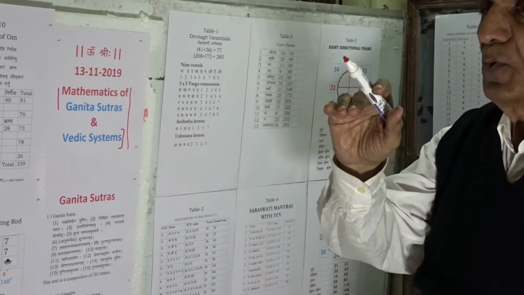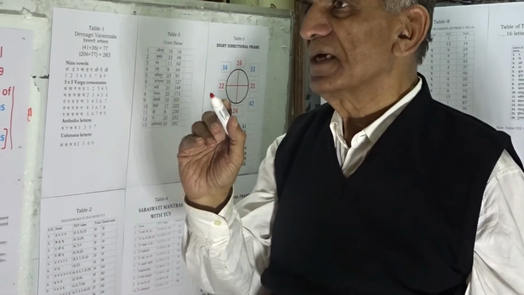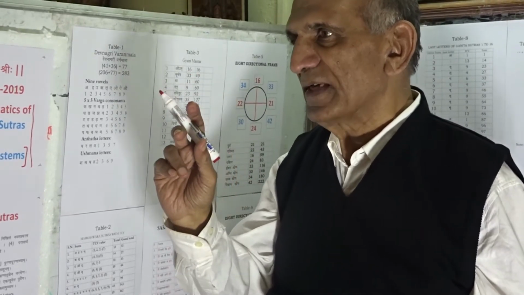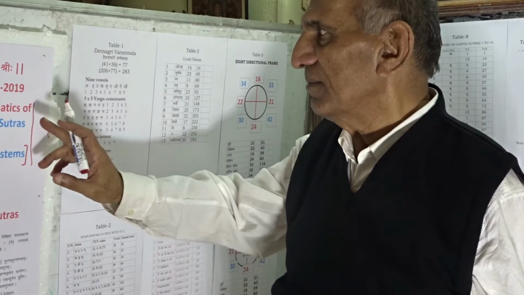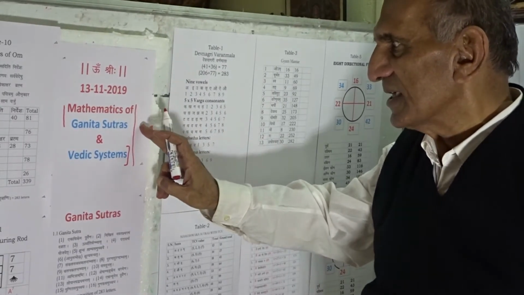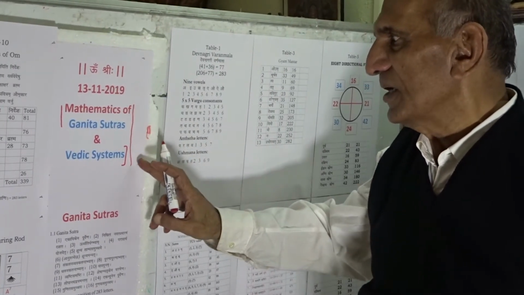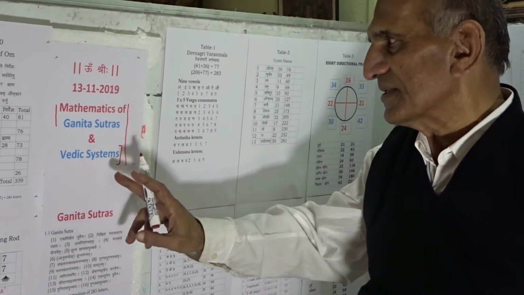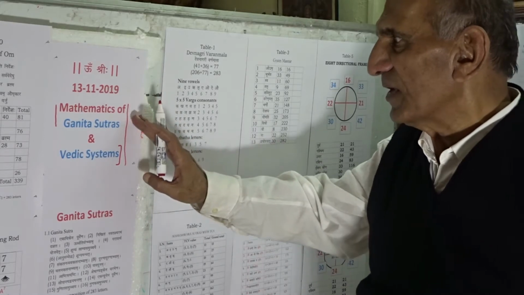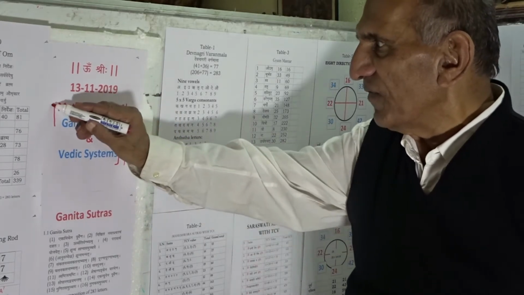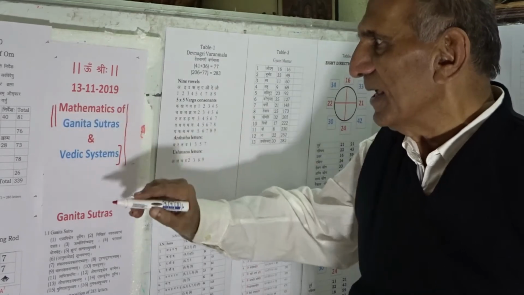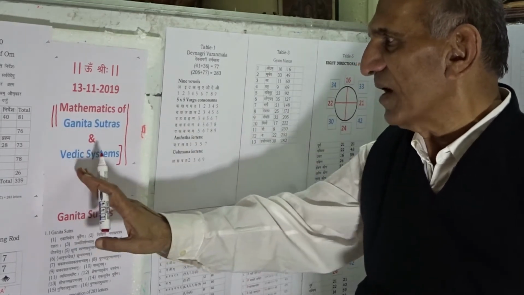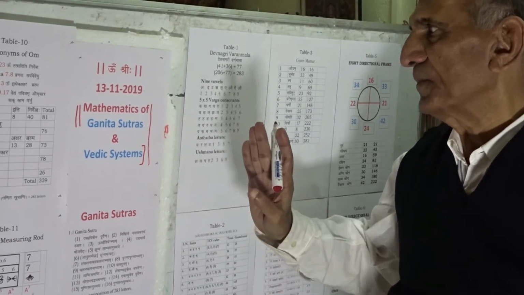We are posing to ourselves a question as to whether or not the mathematics of Ganita Sutras is parallel to the values, features and formats of Vedic systems. By mathematics of Ganita Sutras, we mean Vedic mathematics, and by Vedic systems, we mean the organization format of Vedic knowledge.